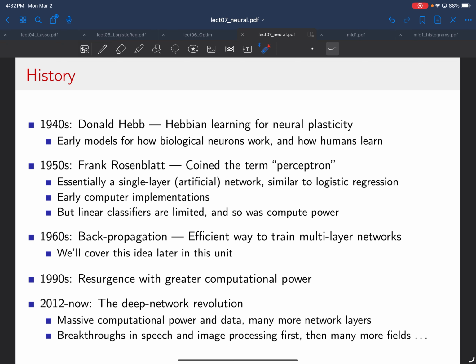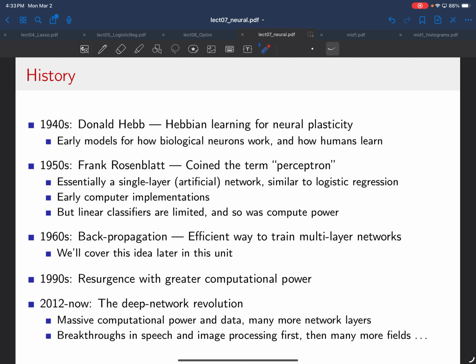And so we had the first single layer artificial network, which really is, like I said, more like logistic regression than what we think of now as neural networks. And there were some very early computer implementations, very crude computing, maybe even with vacuum tubes. And then we had issues at the time. Linear classifiers, as we know, are quite limited in what they can do, and compute power in those days was limited. So not a lot of progress was made.